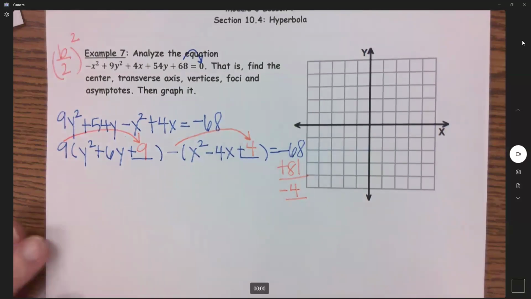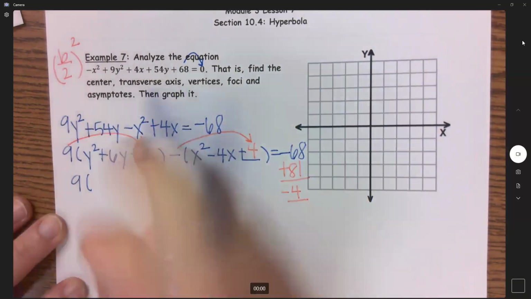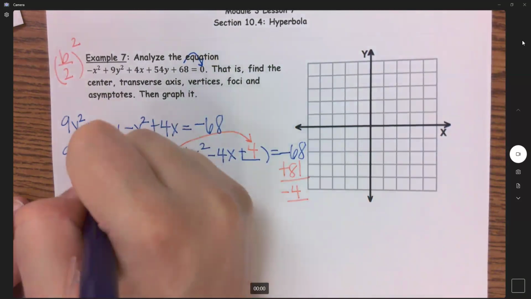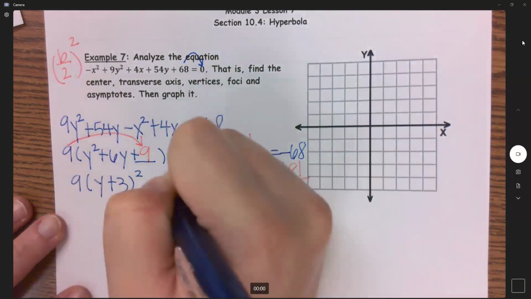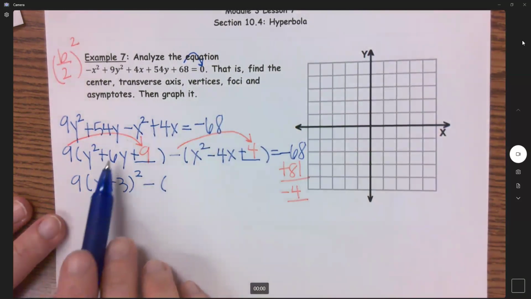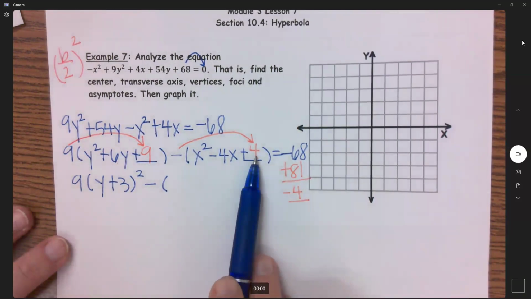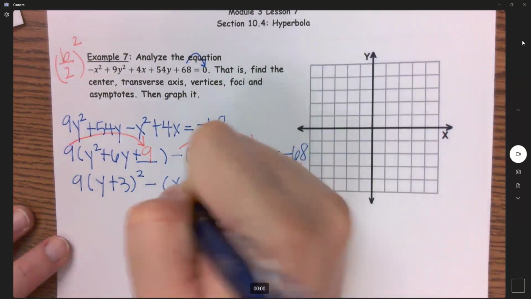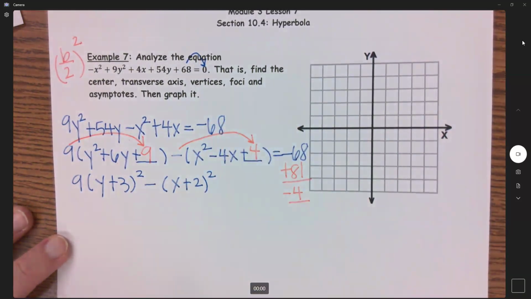Okay, so now let's factor. What multiplies to 9 but adds up to 6? That's going to be 3 and 3. So we get y plus 3 squared minus, which is again that 6 divided by 2 gave me 3. What multiplies to 4 but adds up to a negative 4? And that's 2 and 2. And I made a mistake.